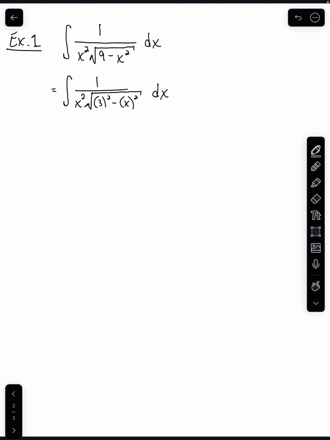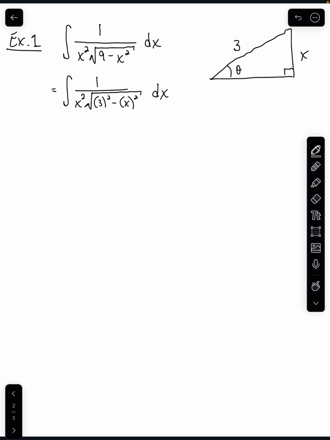Using the triangle, as we described on the previous page here, 3 would be the length of the hypotenuse, and x would be the length of the opposite side of angle theta.